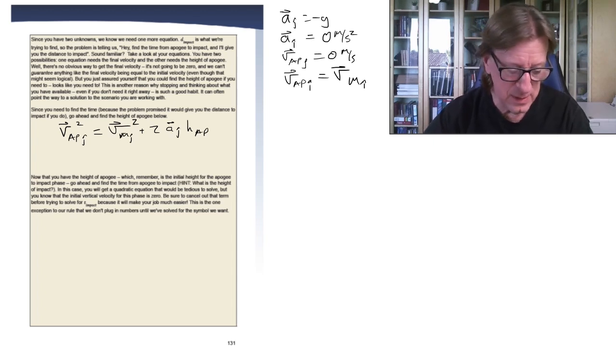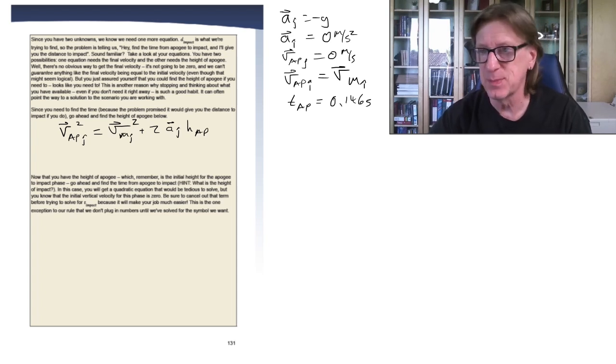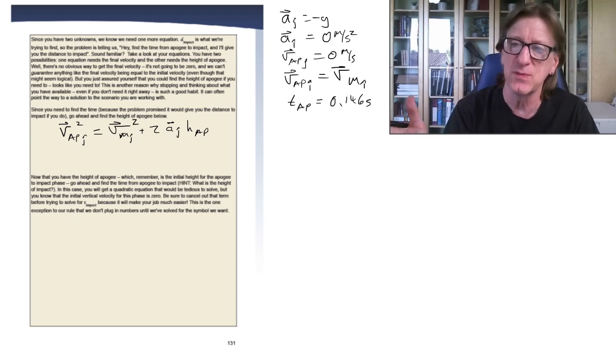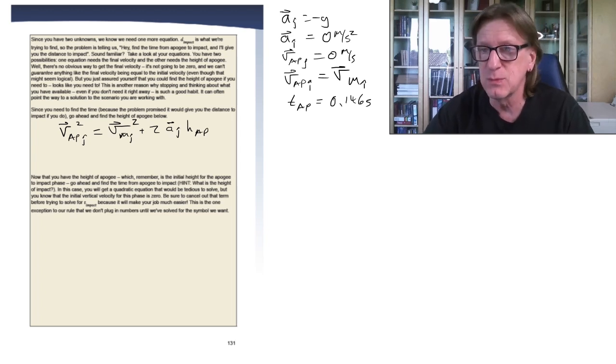And then the other things that we derived here, we found that the time to apogee was 0.146 seconds. Now that should also be the time to impact. That's why we're using this, finding out the height of apogee. That should be the time to impact because there's no other forces involved, right? So the time up should equal the time down. However, if there are other forces, they won't necessarily be the same. So we want to have our technique so that we can just prove that in this case, yes, they actually are the same. But if it's not, we would know what that was.